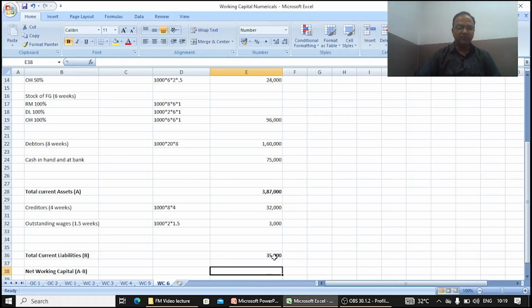If we deduct 35 from 387, it will be 352. That's net working capital.